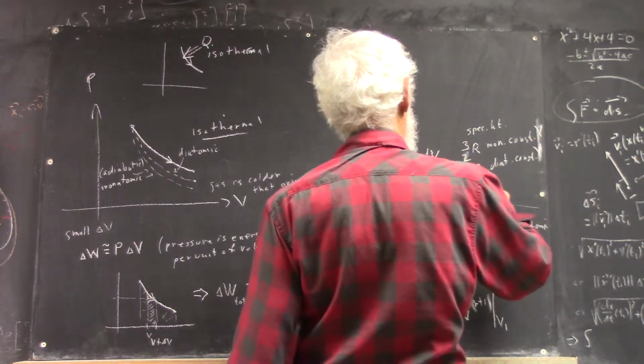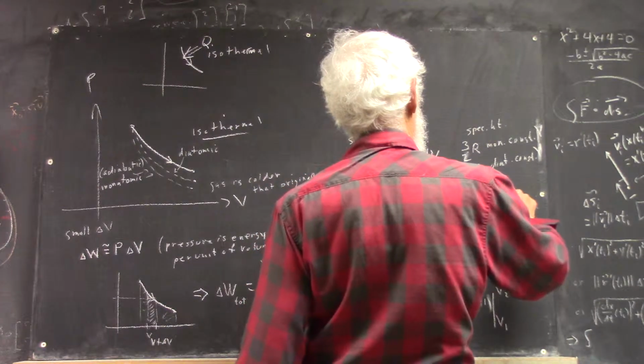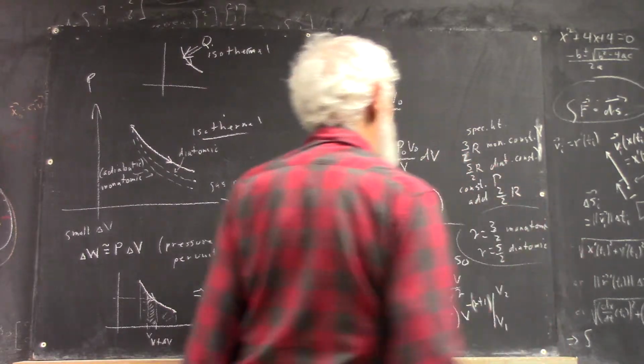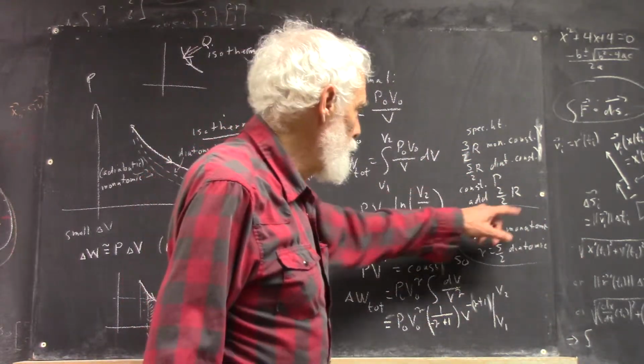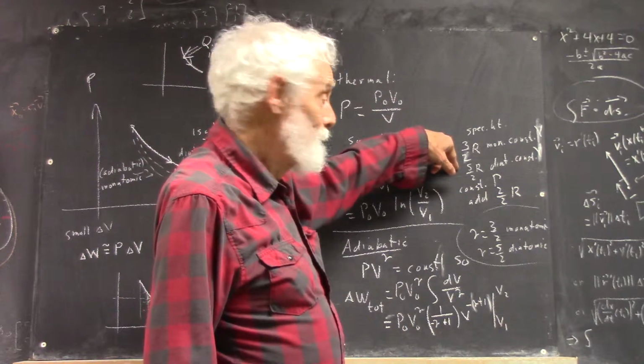And at constant pressure, you just add R, but I'll write it as 2/2 R, so it's easy to add to 3/2 or 5/2, right?